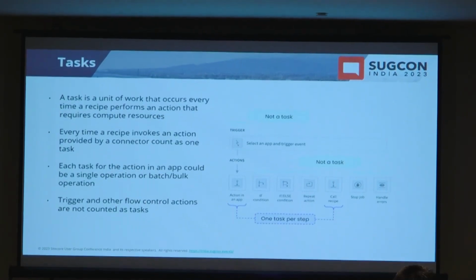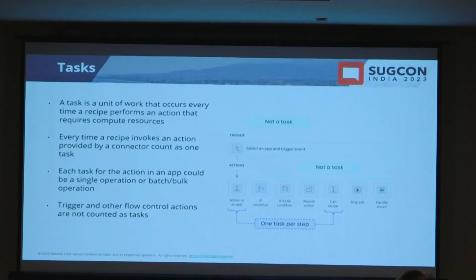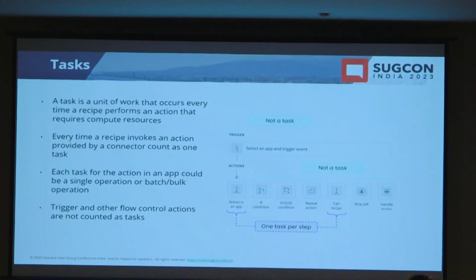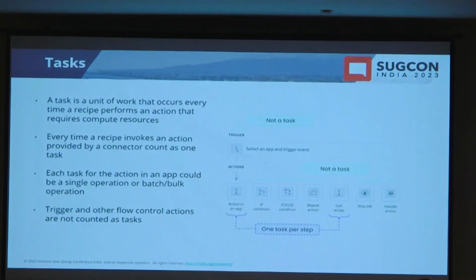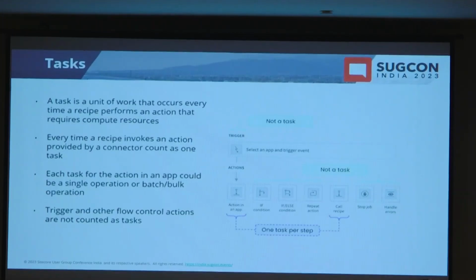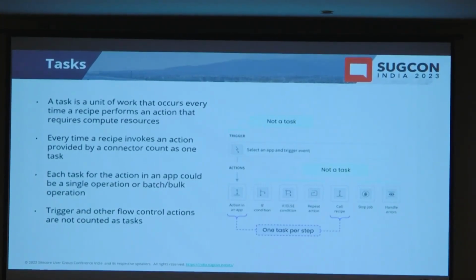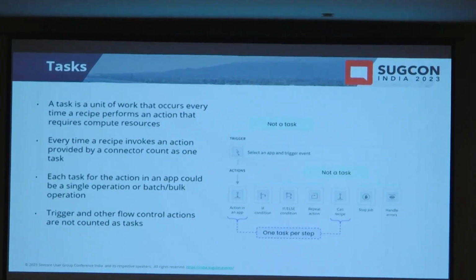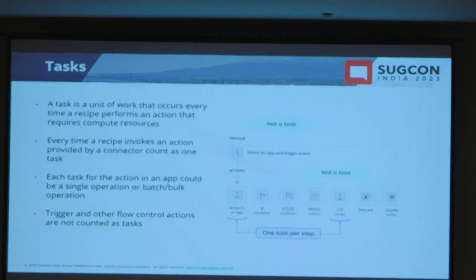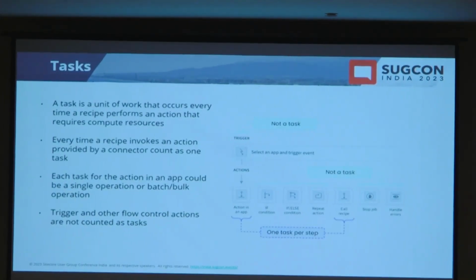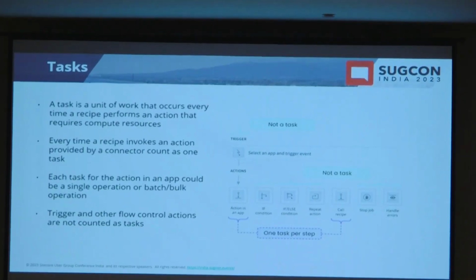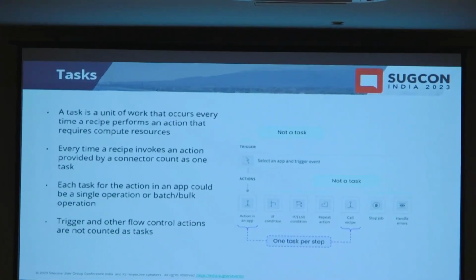And we can have the task per application in a single way or in a batch way. Like if we want to get some data, that can come in one by one or in batches also. And trigger and other things don't come under tasks.